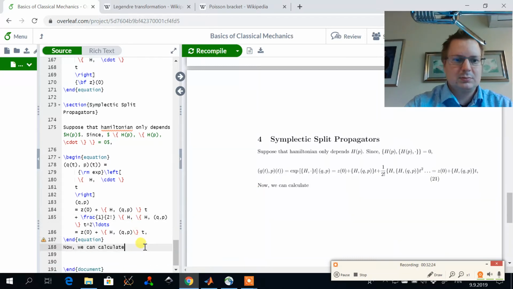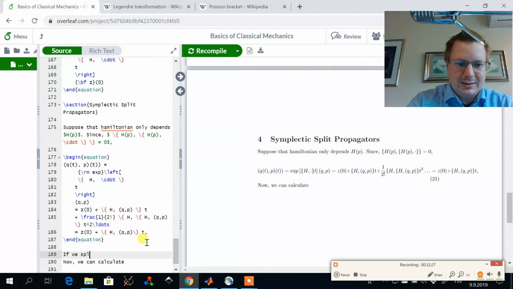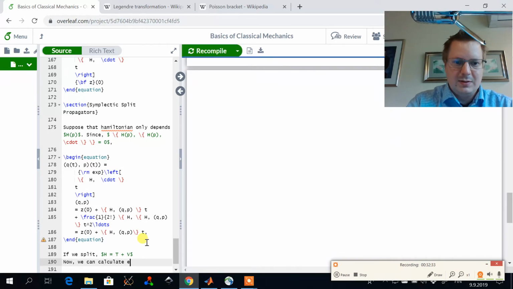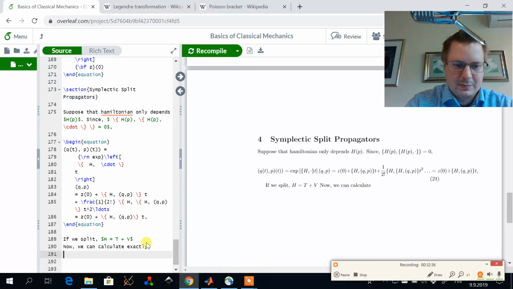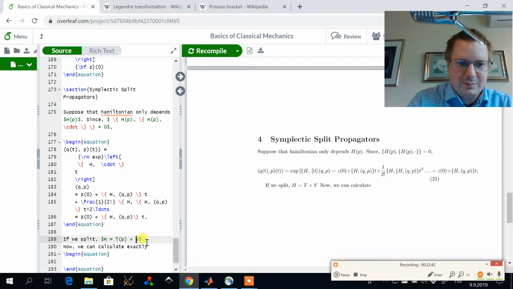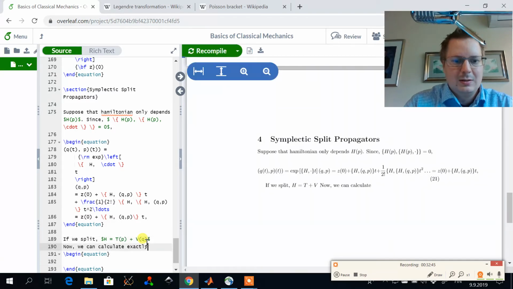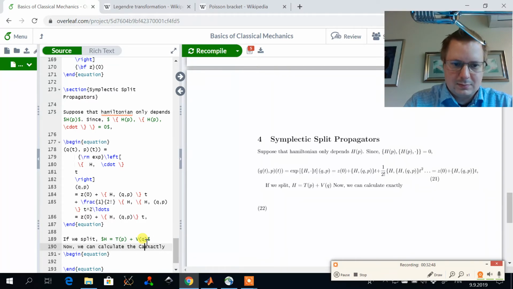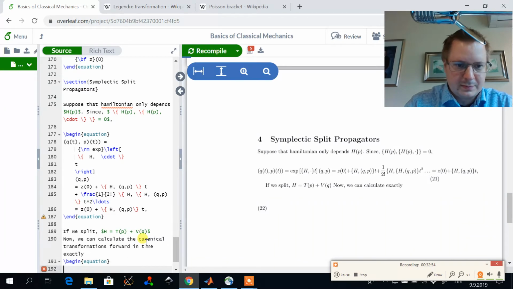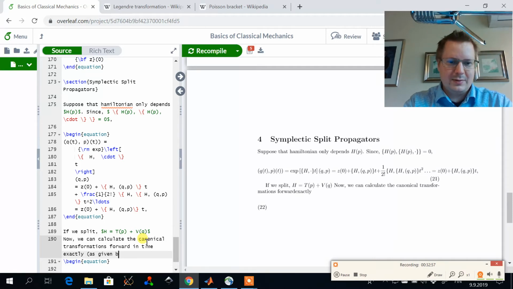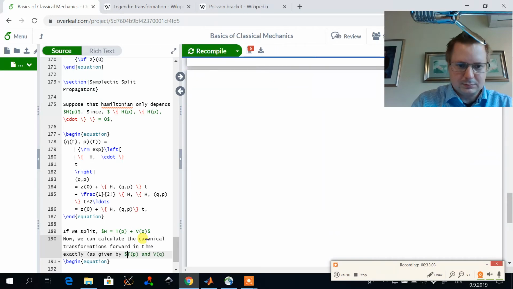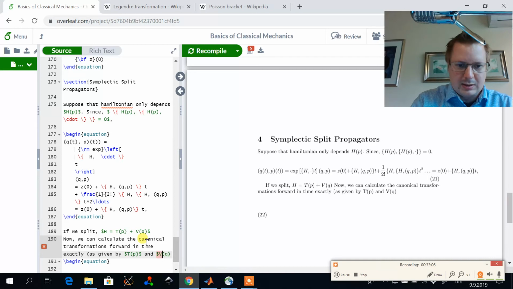So if we split H into T plus V, where T depends only on p and V depends only on q, we can calculate each exactly.